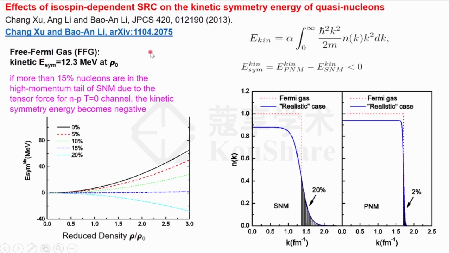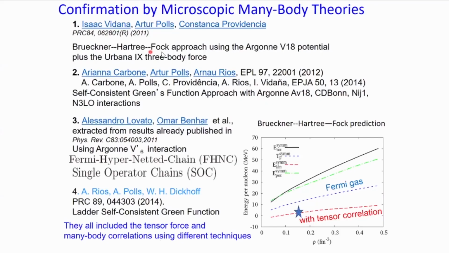But most importantly, this simple, intuitive picture based on a very simple model has been verified by advanced microscopic many-body theories, as I'm going to show you. The referees suggested we do the calculation using microscopic many-body theories, which we don't have and would take time to learn.